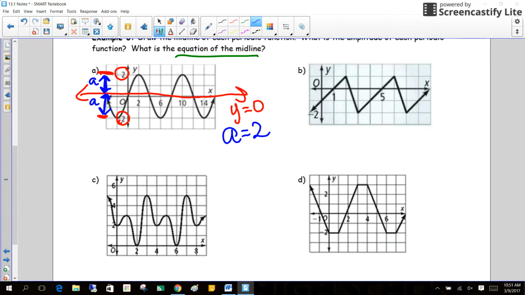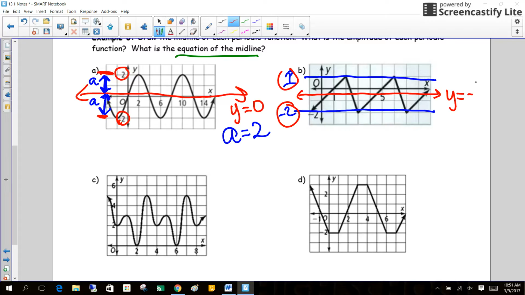Looking at B, we could do something similar. So I've got a maximum up here at 1, a minimum down here at -2. So your midline is halfway in between those, which is going to be this guy right here. Halfway in between a 1 and a -2 is actually a -1/2. So y, our midline, is y equals -1/2. Your midline's always going to have y equals because it's always going to be a horizontal line.